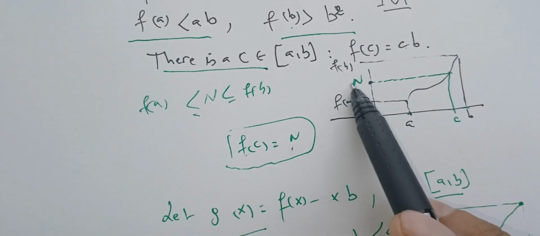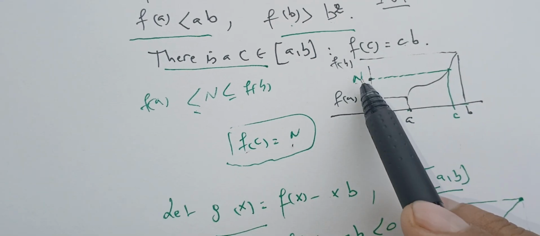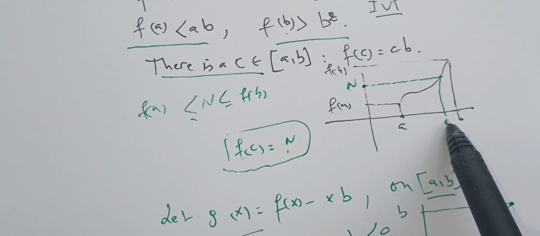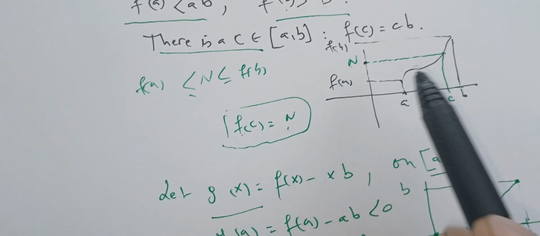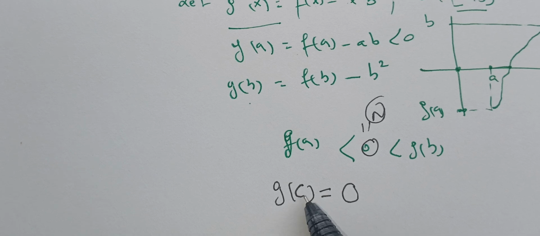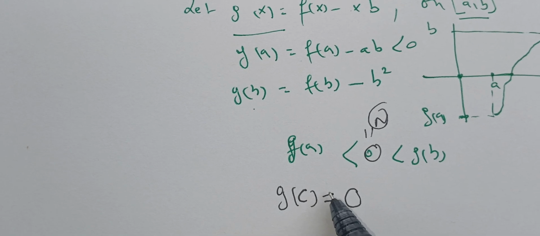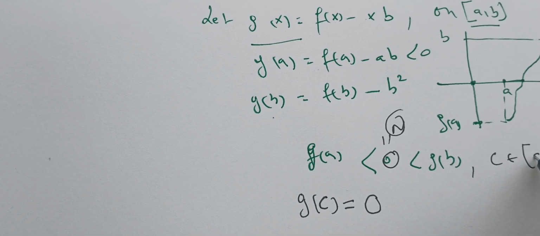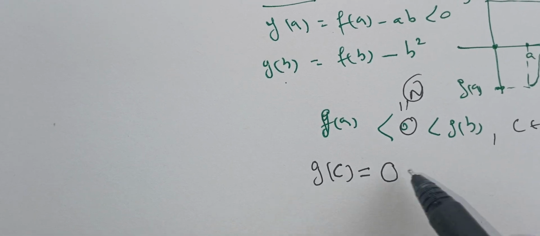If there is an n between f(a) and f(b), there is some c such that f(c) is n. Here my n is 0, and therefore I can find c such that c is in [a, b], c has to be in [a, b], such that g(c) is 0.